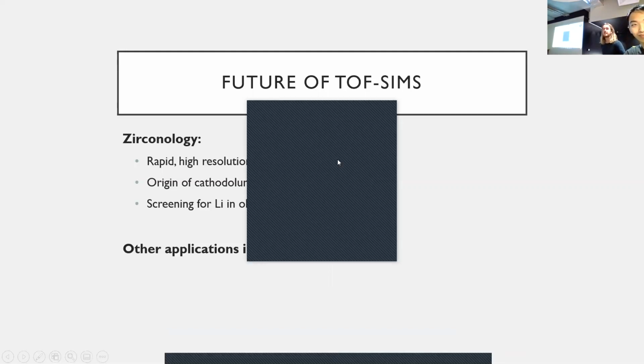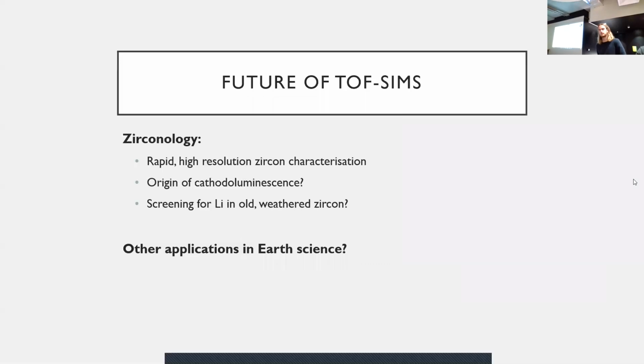Maybe I missed this at the beginning: where did you get these reference materials? Obviously this is none of the research that I do, but it's super interesting. There are different research groups using the same materials, so how are they being passed around? Those reference materials, except for Mount Dromedary, are pretty well used Australia-wide, if not internationally. The 91500 one is a world standard; it's from Canada originally, I think.